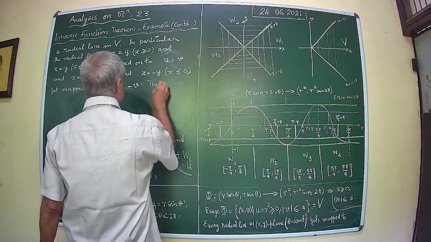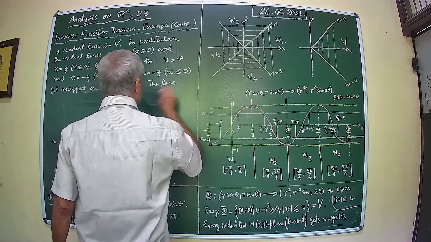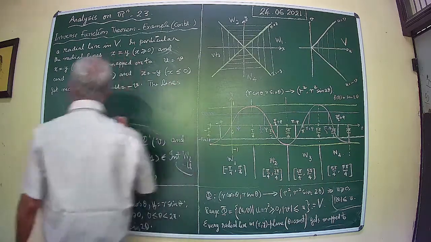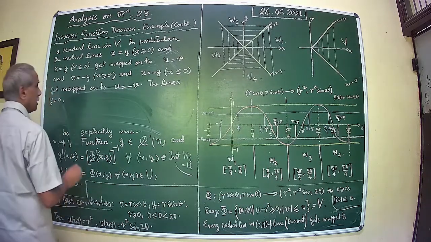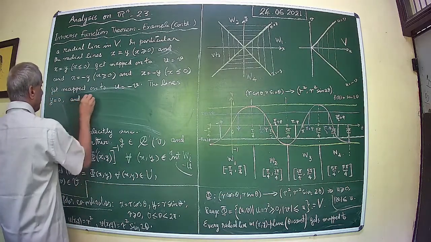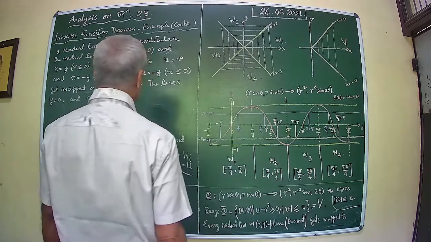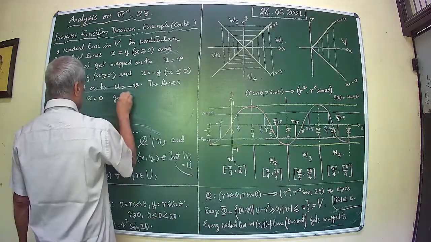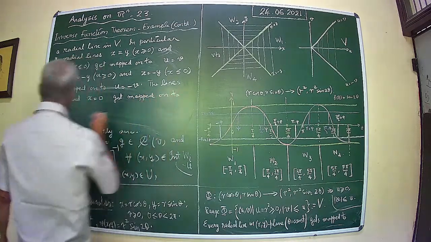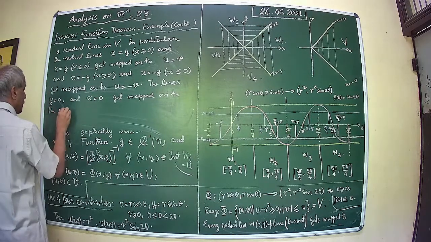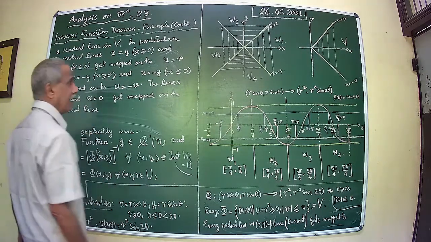The radial lines y equal to 0 and x equal to 0 ... the radial line.